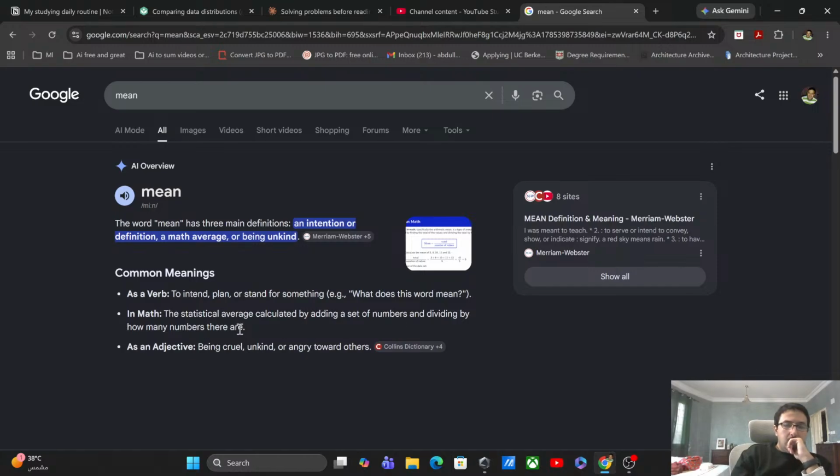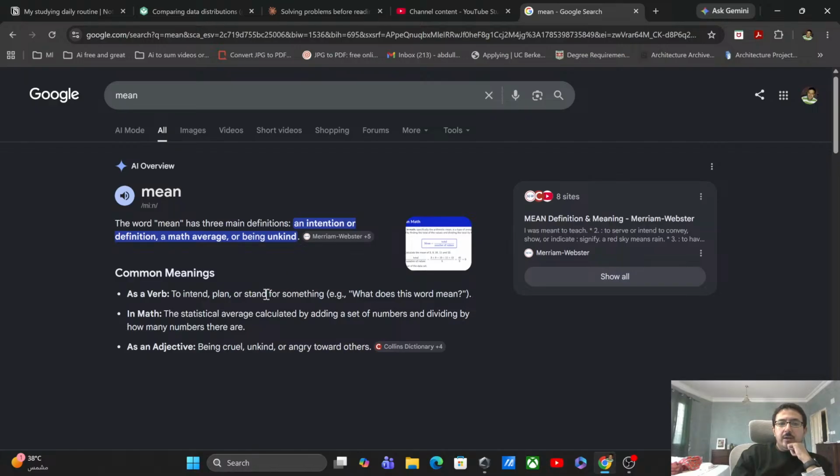So 12 over 12 is 1. The mean is calculated by adding a set of numbers and dividing by how many numbers there are. Say they all get short, divided by 12, give it 3.